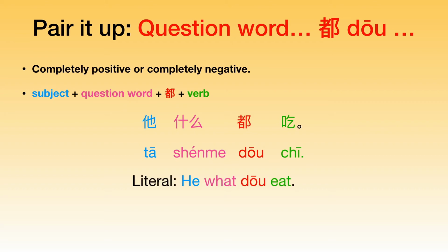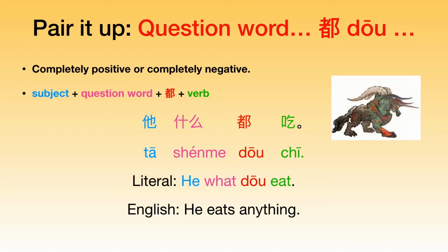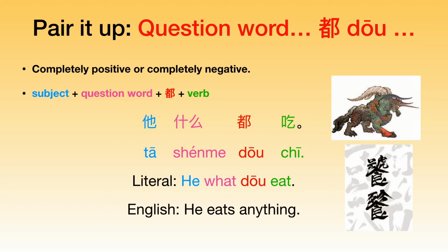Literally, he what 都 eat. He eats everything. Okay? So if he is a 饕餮, 饕餮 is a Chinese ancient monster that's supposed to eat every single thing that's in its way. Okay? So 他什么都吃 means he eats everything.